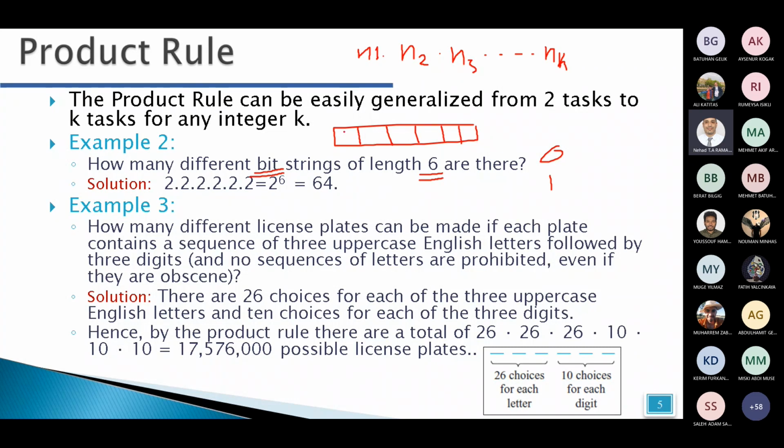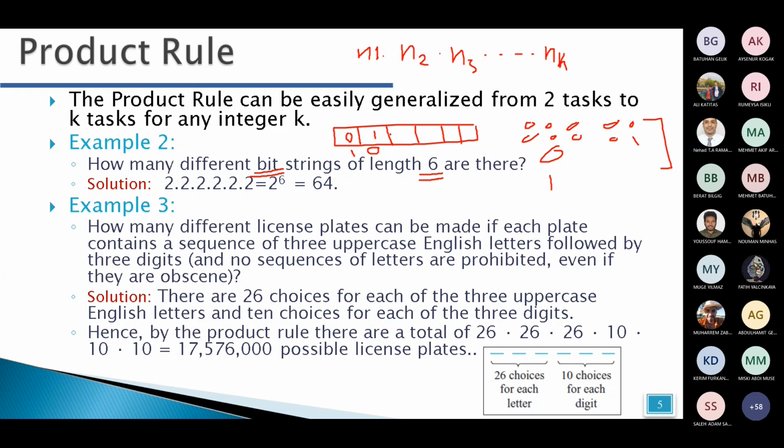Each one is a bit. So could be 0, could be 1. Could be 1, could be 0, and so on. So how many different bit strings? First string could be 0, 0, 0, 0. Second one 0, 0, 0, 0, 1, and so on. How many different bit strings could we have?